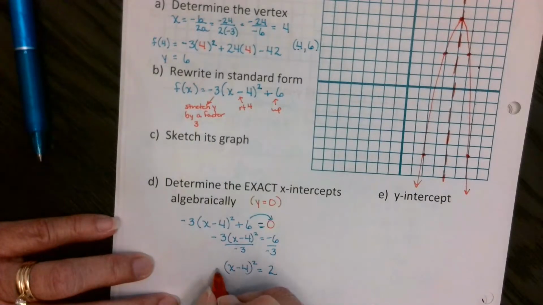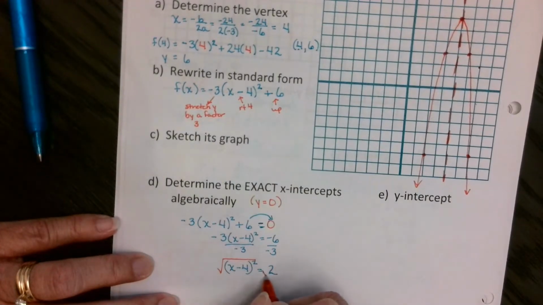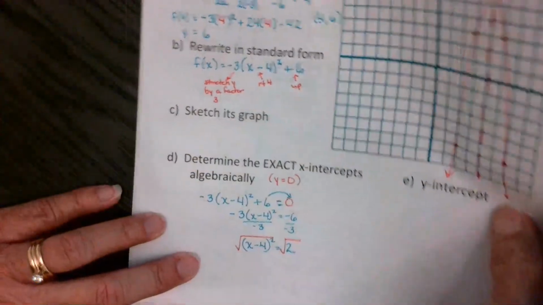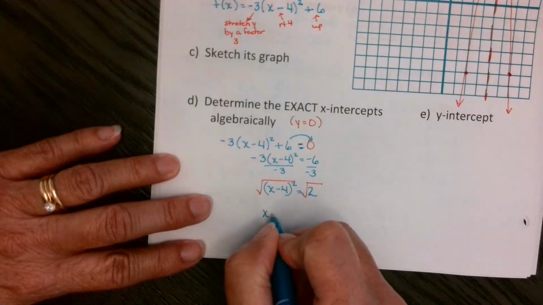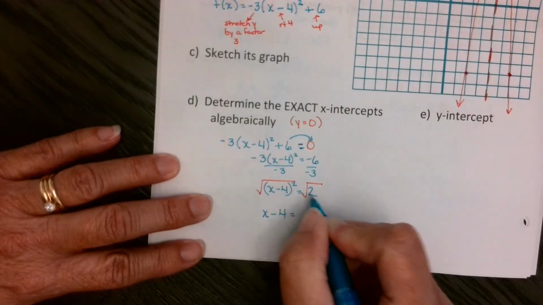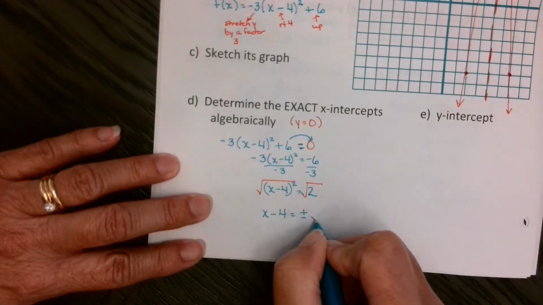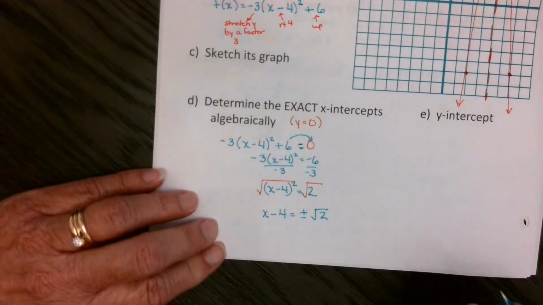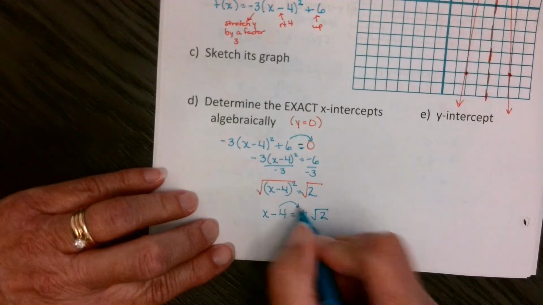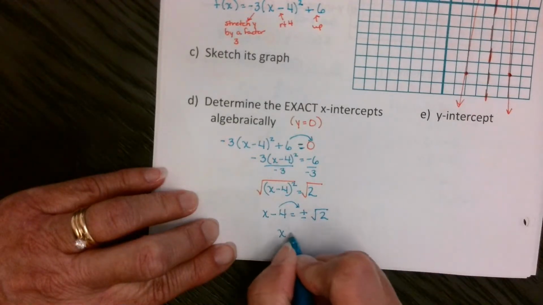Okay, now I need to take the square root. Because I'm taking the square root of both sides, this gives me x minus 4. Over here, I get plus or minus the square root of 2 because it wasn't there to begin with. Now I take the 4 to the other side by adding it.